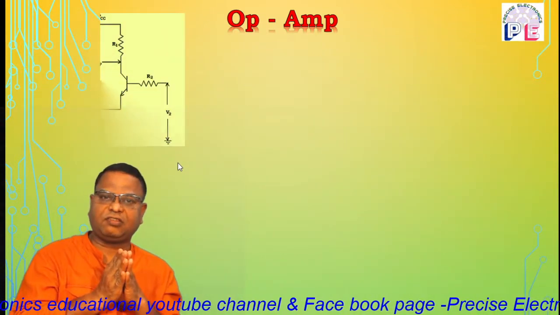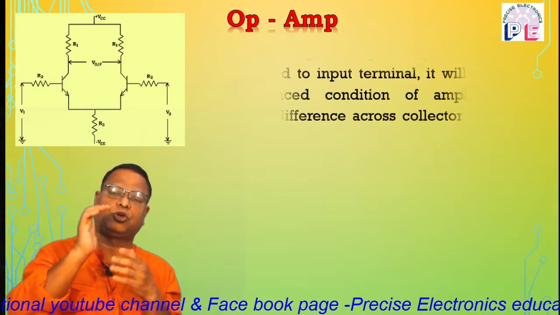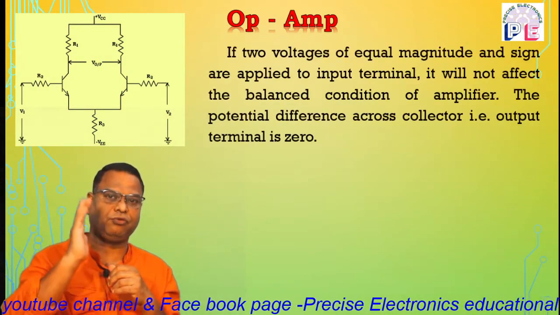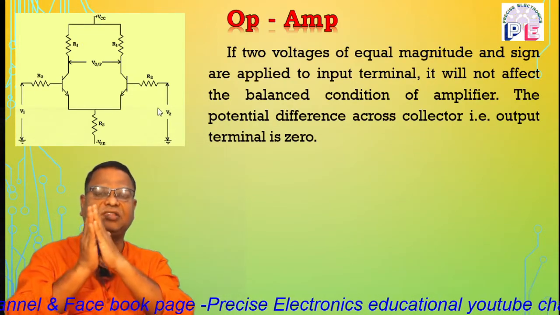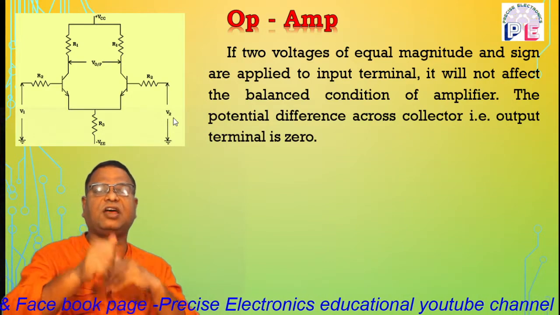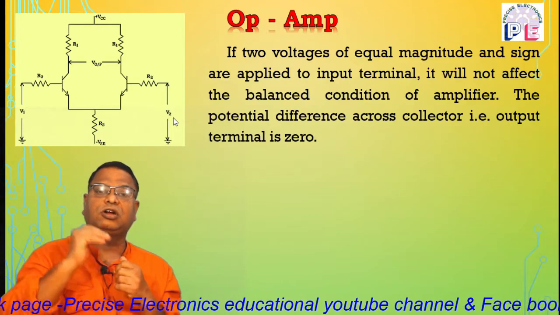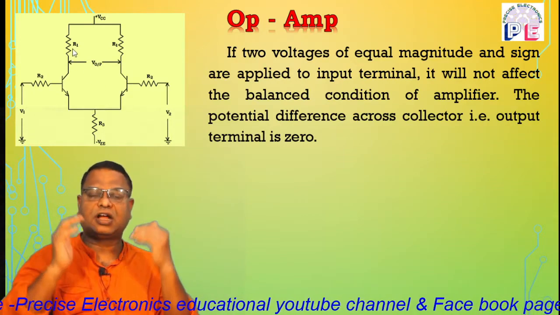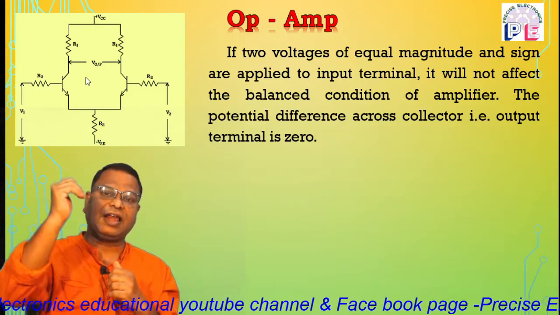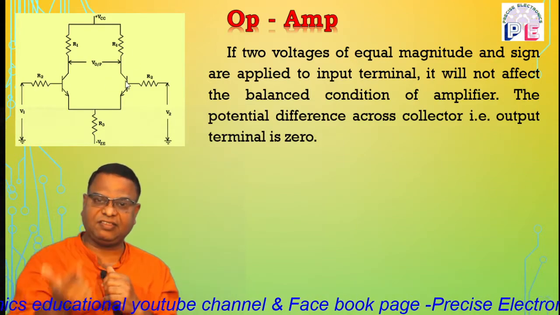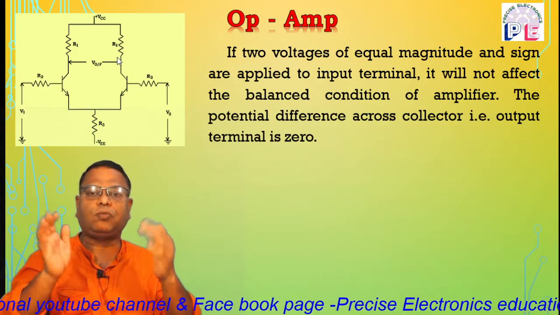If two voltages of equal magnitude and sign are applied to the input terminals, that means V1 is equal to V2. Both signals having the same magnitude and same sign are applied to the bases of the transistors, due to which transistors T1 and T2 conduct, and the current flowing through the collector of transistor T1, that is IC1, and the current flowing through transistor T2, that is IC2, are of the same value.